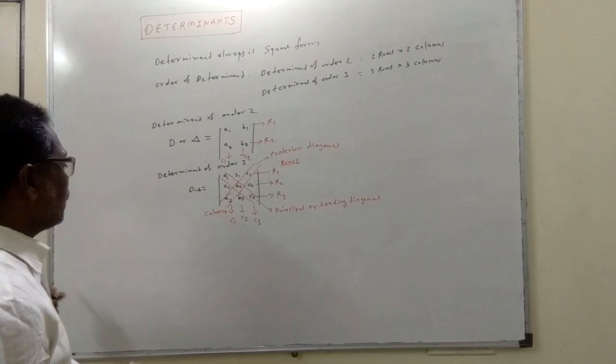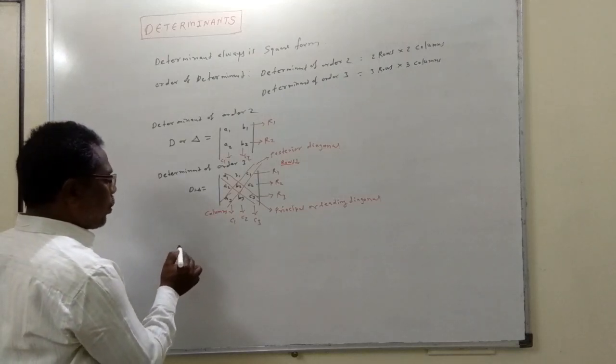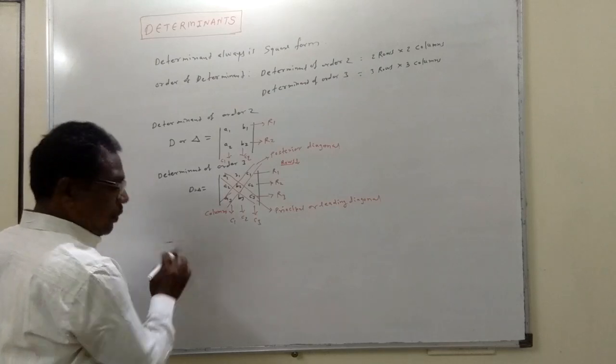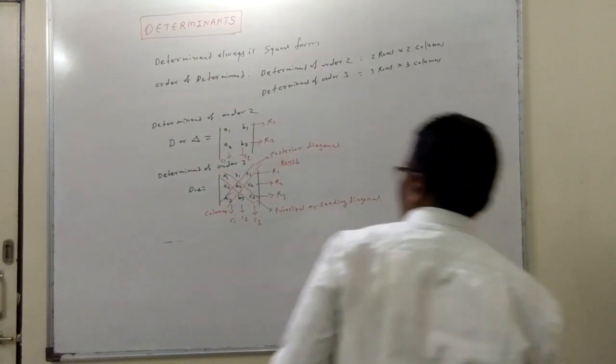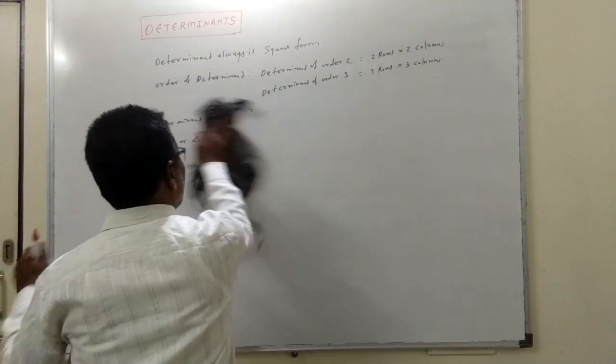Now next we'll see how to evaluate the determinant of order 2 and determinant of order 3. So first of all, we'll understand the evaluation of determinant of order 2.